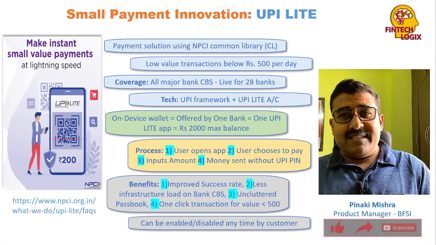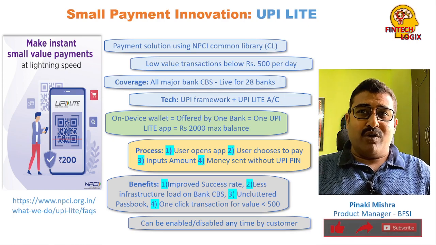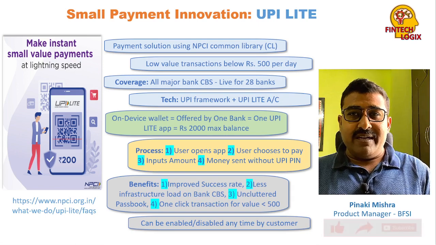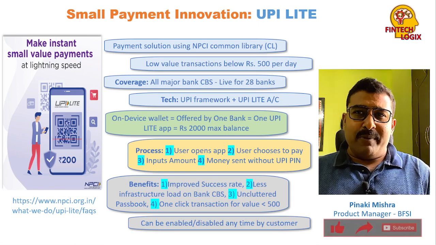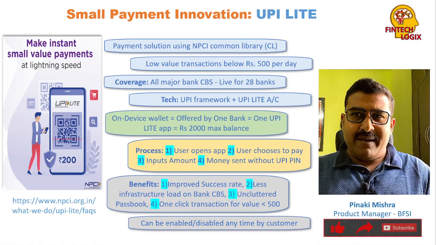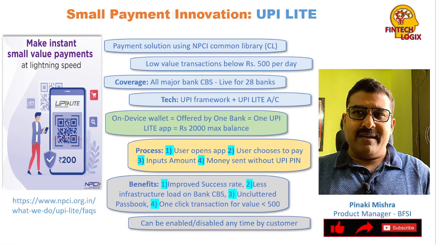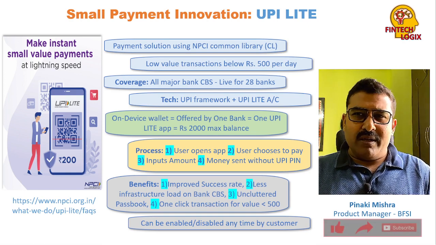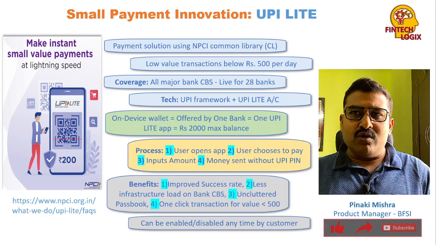This also keeps your passbook or statement uncluttered. This is the biggest advantage for the user who is using UPI LITE. Normally when we do a payment, right from your 1 rupee, 2 rupee payments, all small value payments also come in the statement.